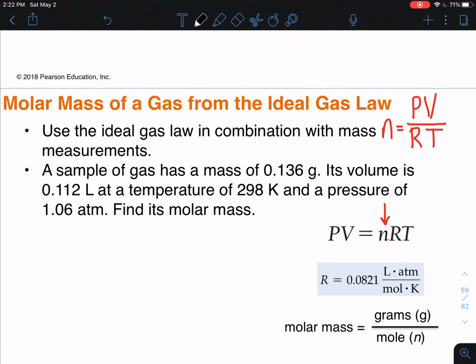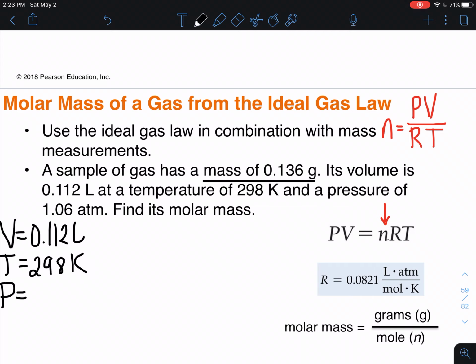A sample of gas has a mass of 0.136 grams. Its volume is 0.112 liters. Its temperature is 298 Kelvin. This is a pretty simple example too, because we don't have to do any unit conversions. And pressure equals 1.06 atm.